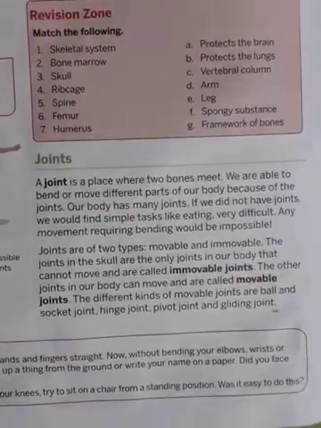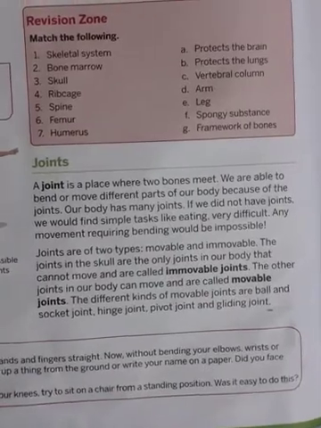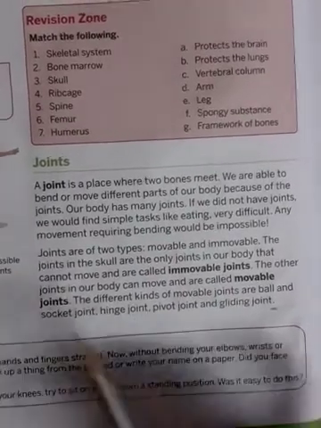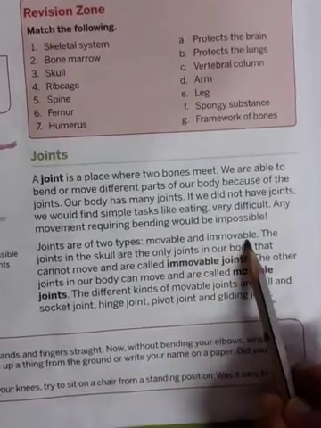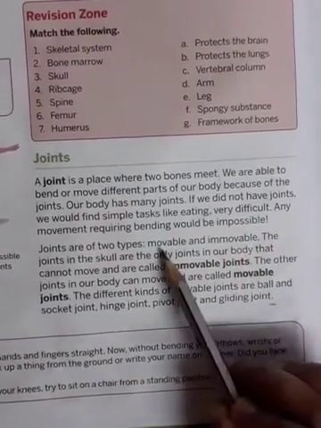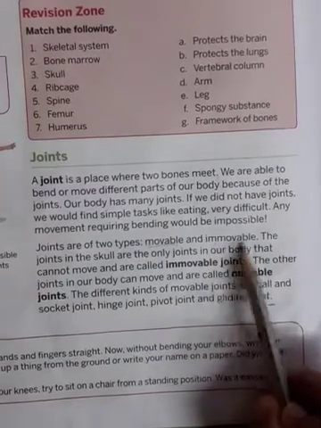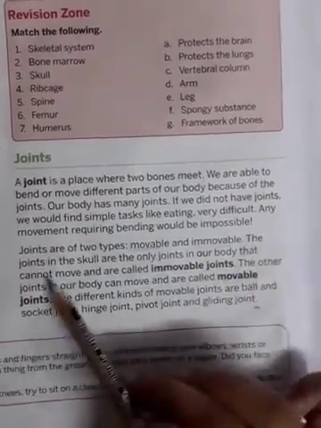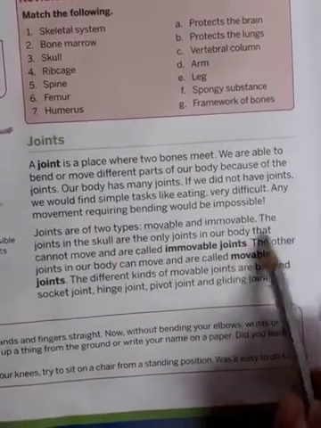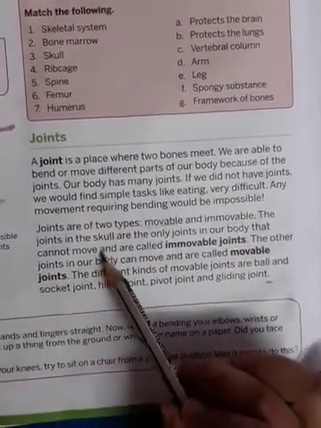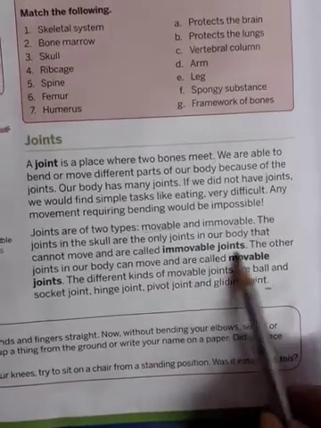Now you have two types of joints that we will study in this chapter. Joints are of two types, movable and immovable. The joints in the skull are the only joints in our body that cannot move and are called immovable joints.